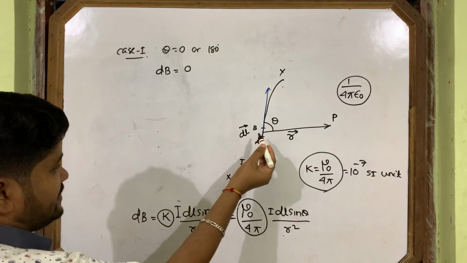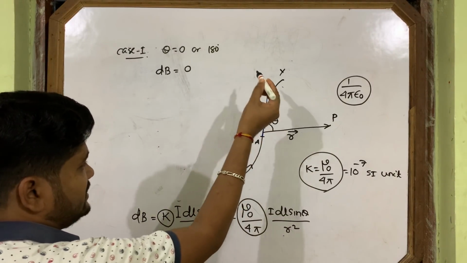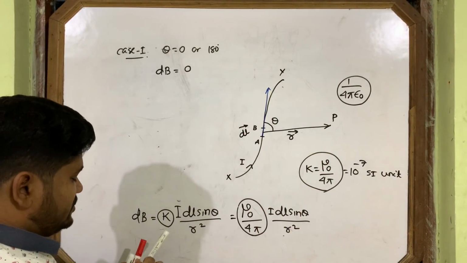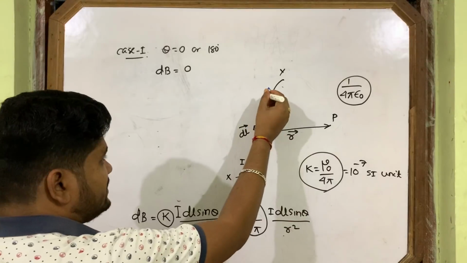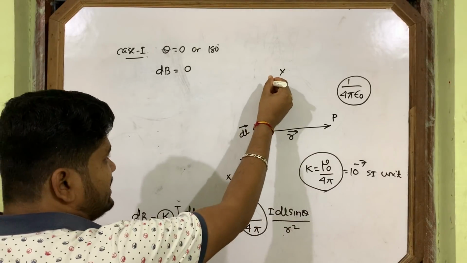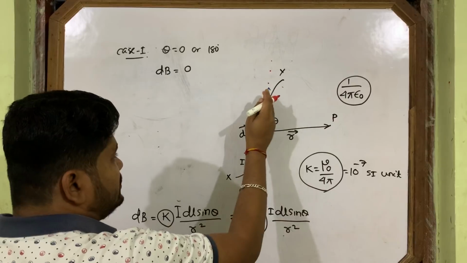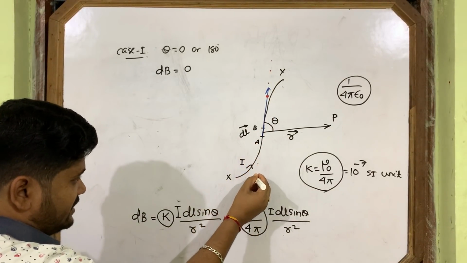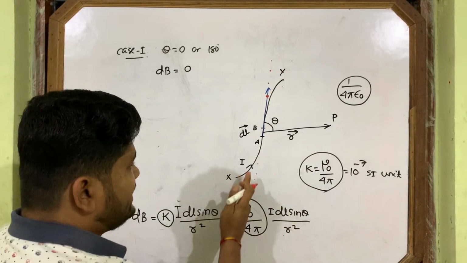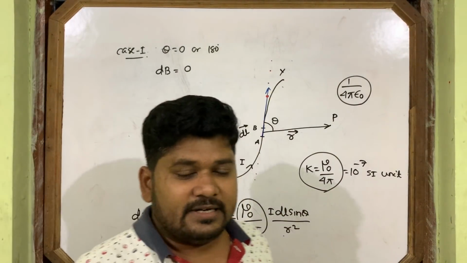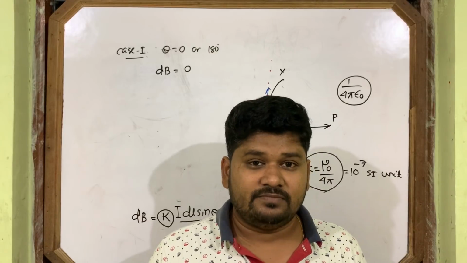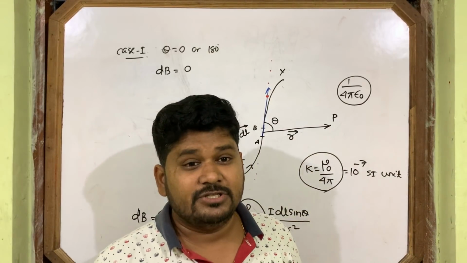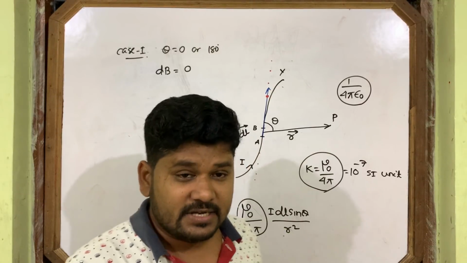If you find magnetic field on the small element, if the point P comes here, on the small element, or here, or below it, anywhere on the small element you want to find magnetic field, its value will be 0 due to the small element.